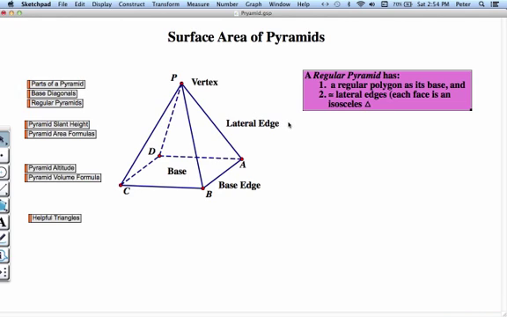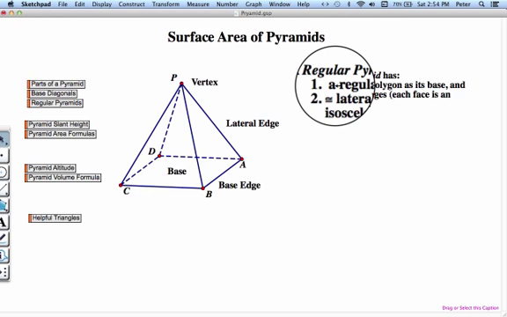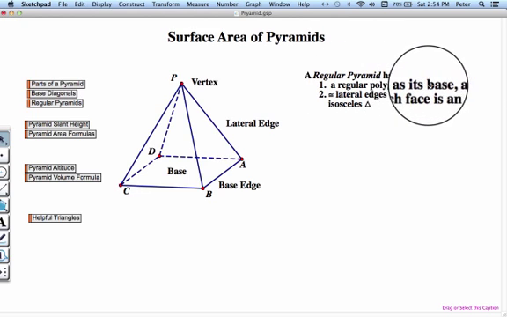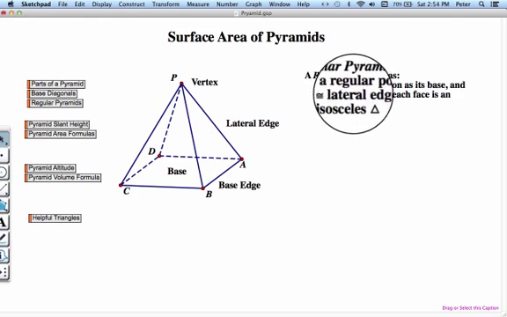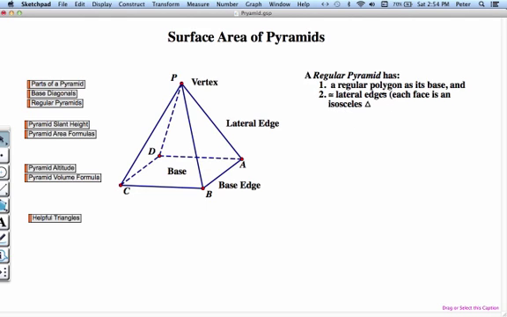Regular pyramids have a regular polygon as their base, which provides the name, and all the faces are isosceles triangles, which means all the lateral edges are congruent. That's going to bring in the 1/2 apothem times perimeter formula for some of the different bases when we need to find the total area.